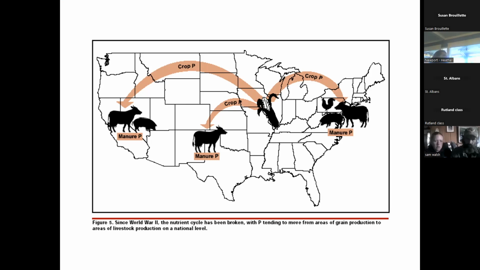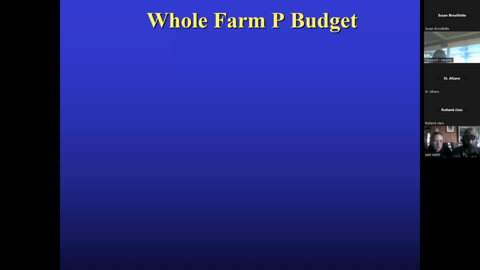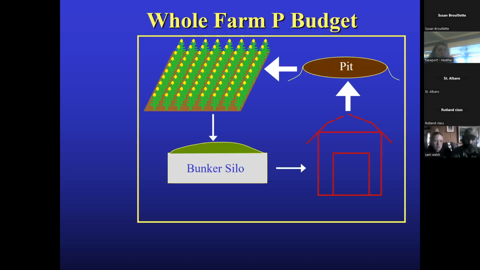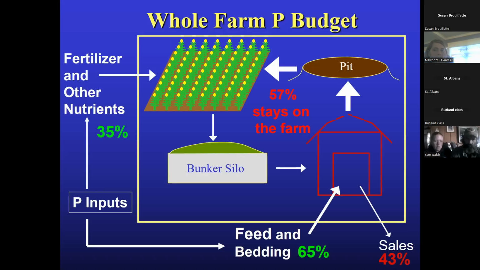So what ends up happening is a buildup. Here's a phosphorus budget for a farm. This was done in Vermont and New York many years ago. It might have changed slightly, and we work on this a lot to try to bring people's balance closer. You can see adding fertilizer and other nutrients, feed, which is grain for most people, and bedding, that all goes onto the farm.